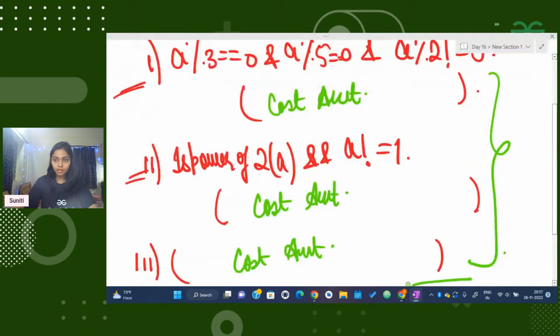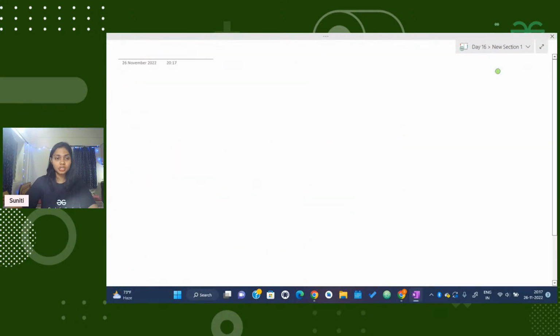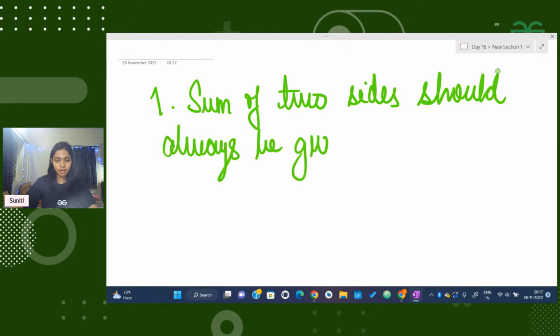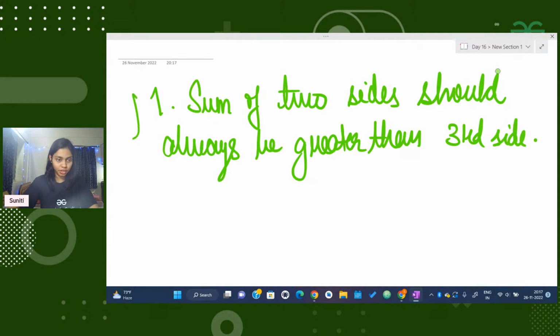The basic property of a triangle is that the sum of 2 sides should always be greater than the third side. I hope all of you are aware of this property. So this is the property that triangles have. The first test case that is given to us is 5, 4, 3.